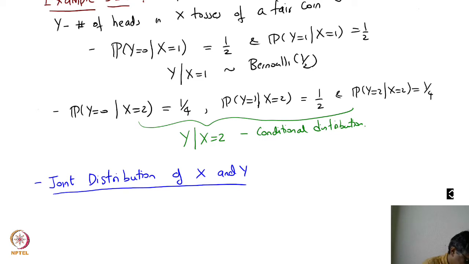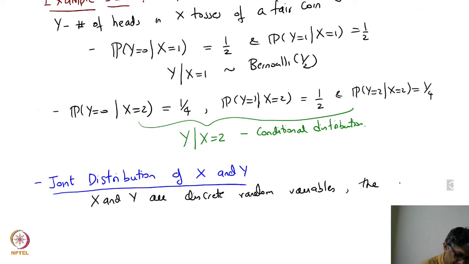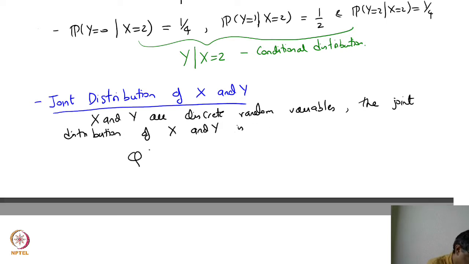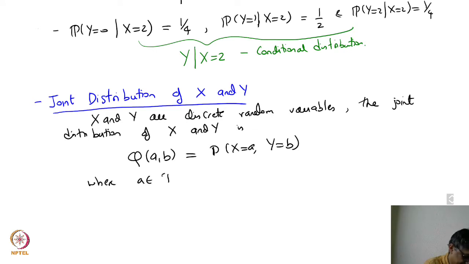Here I said that if X and Y are discrete random variables, then the joint distribution of X and Y is given by the probability Q, where Q of a comma b is the chance that X takes the value a and Y takes the value b, where a is in the range of X.